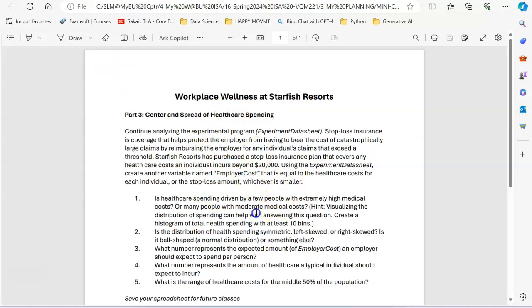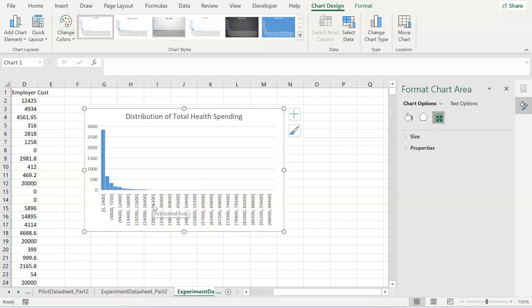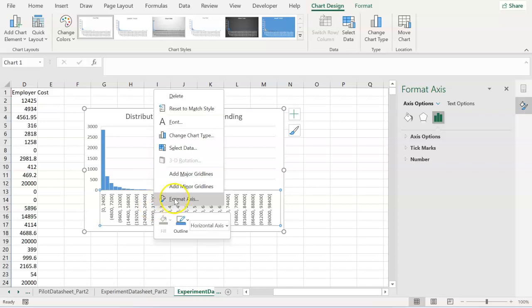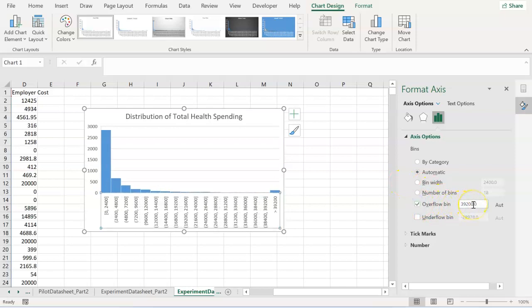So it's not said here, but something we can do. So I'm gonna click here where I can select the x-axis like this, and then for my axis, and now this overflow bin, I'm gonna say put in it anything that's greater than 20,000.